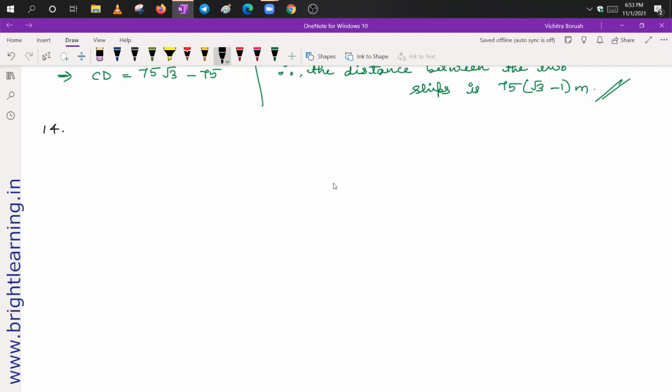Okay. So first, let's make the diagram here. Suppose this is the girl. The height of the girl is given as 1.2 meters. From here she is observing a balloon. If I make the horizontal line here, the angle of elevation in this case is 60 degree.